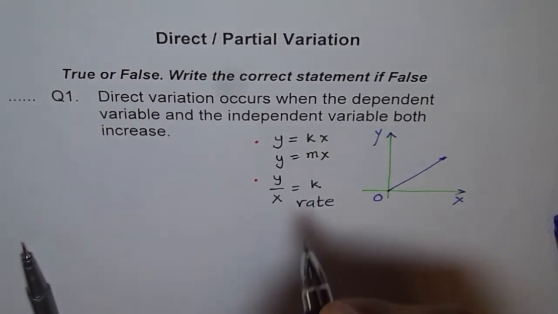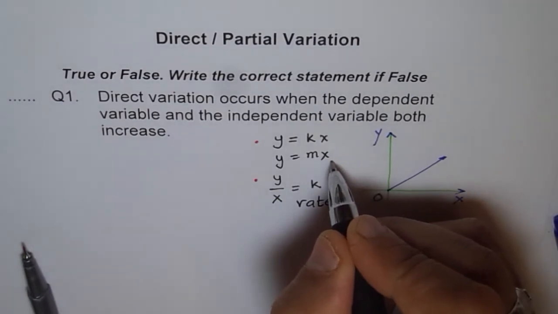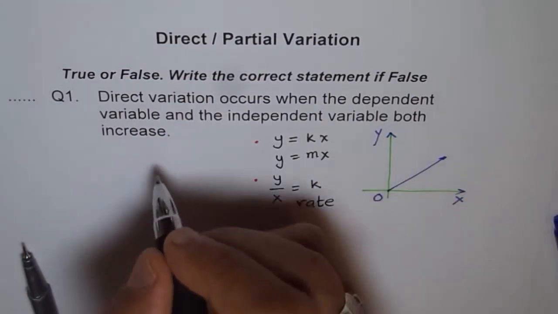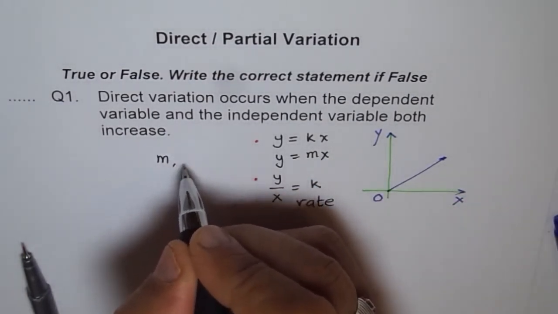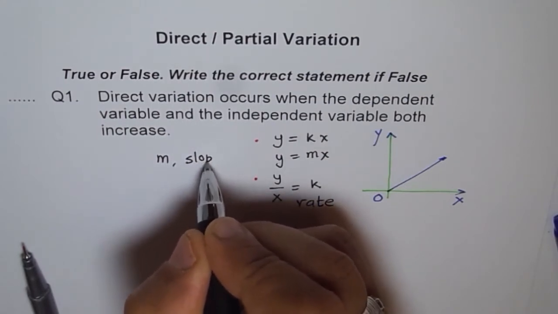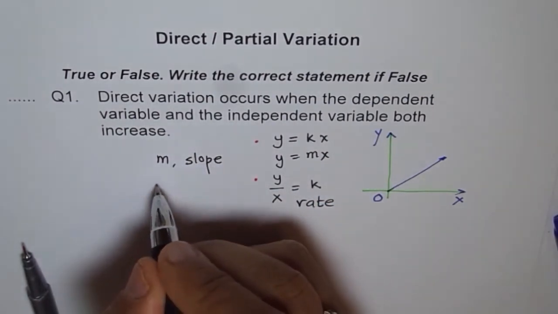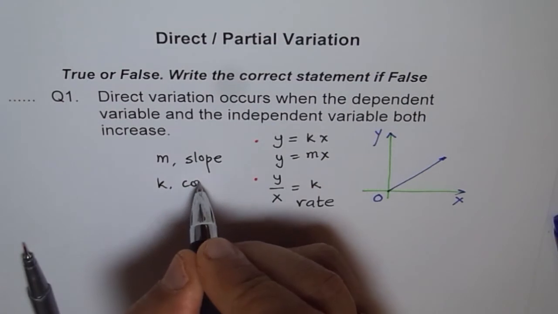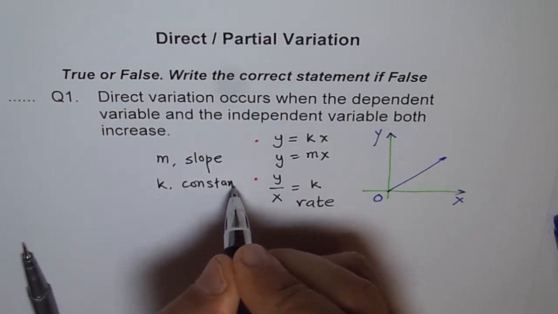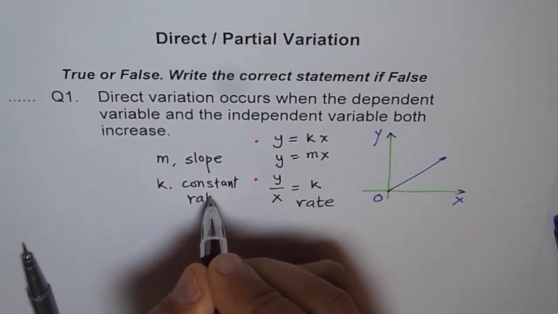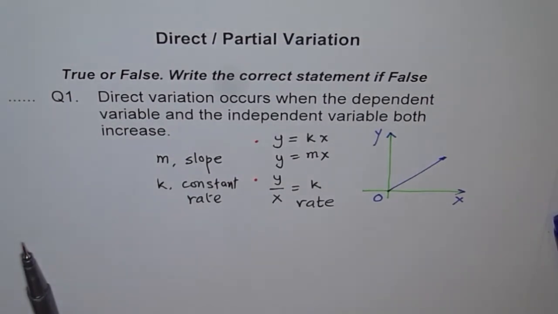So where m is slope, k is constant, rate. These are related terms which will help you to understand what a direct variation is.